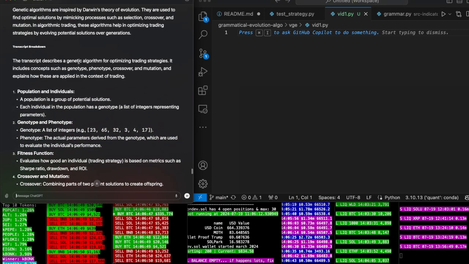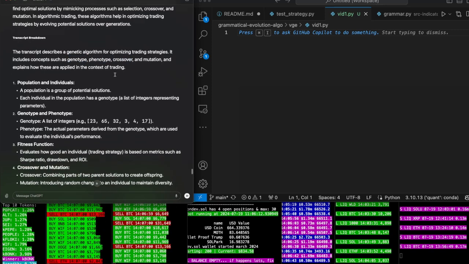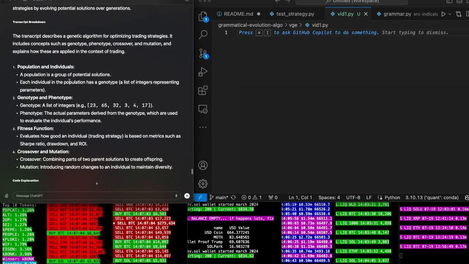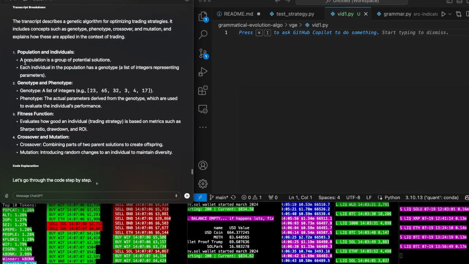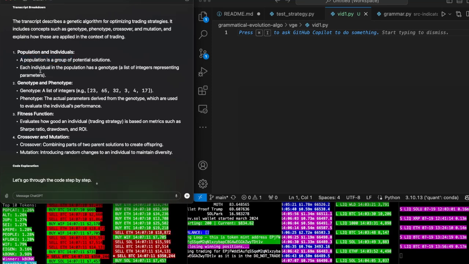The transcript describes a genetic algorithm for optimizing trading strategies. It includes concepts such as genotype, phenotype, crossover, and mutation, and explains how these are applied in the context of trading.